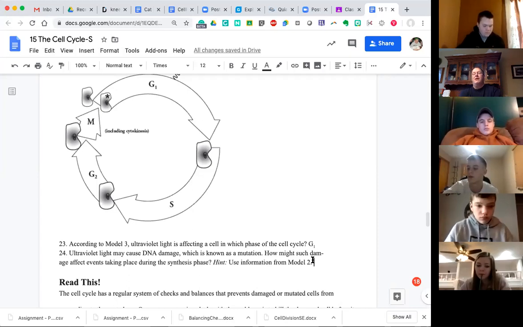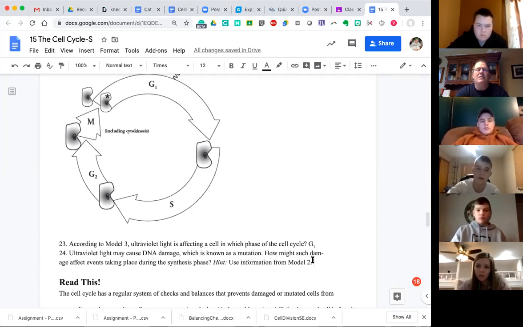Michael, you got one to share? We know that synthesis is when DNA is being copied, right? So if the DNA damage occurred during synthesis, it might not go through mitosis correctly because it didn't prepare.